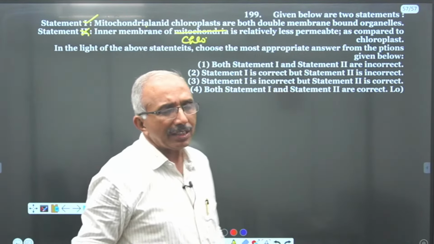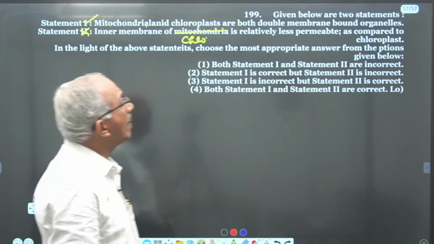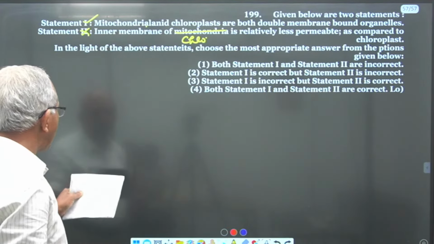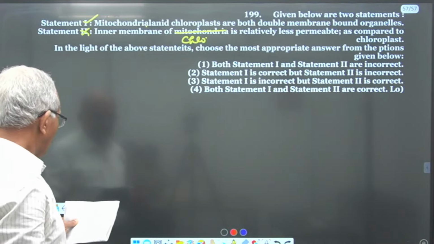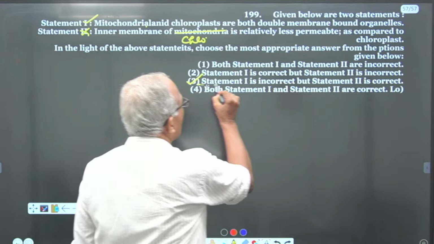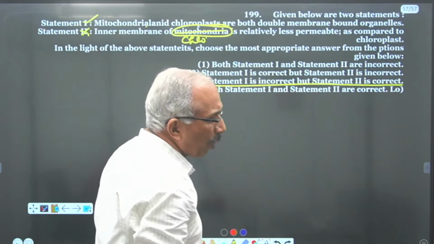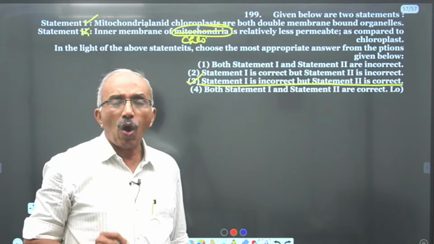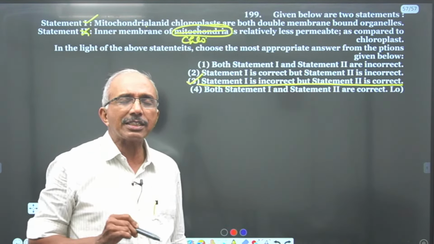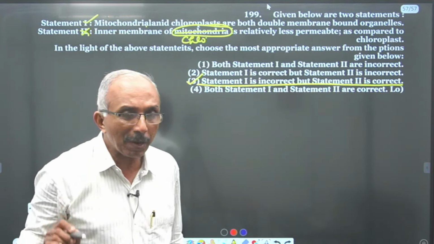Statement 2 is wrong because it is not mitochondria, it is chloroplast. In NCERT, after saying mitochondria and chloroplast, the sentence continues: of the two, the inner membrane of chloroplast is less permeable.